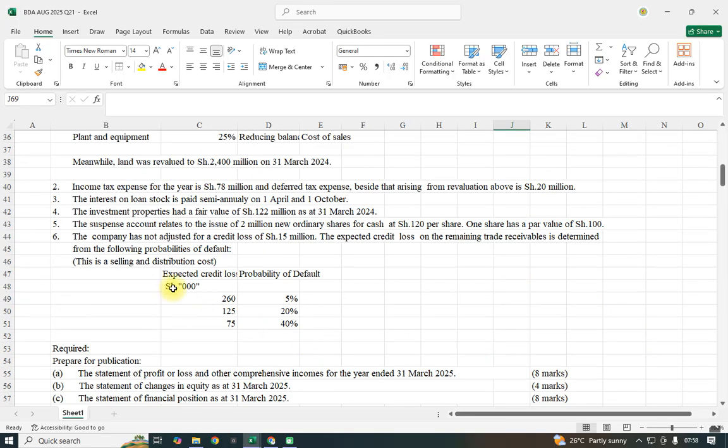I believe there must have been an error here. The company had not adjusted for credit loss of 15 million, and the expected credit loss on the remaining trade receivable is determined from the following probability of default. So expected credit loss up to 60, 125, and we have the probability of default.